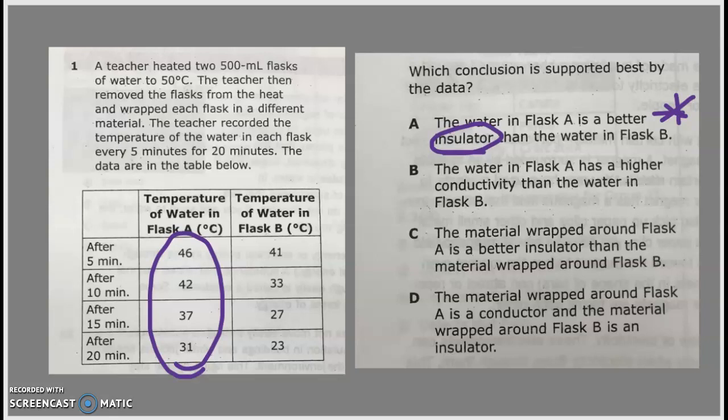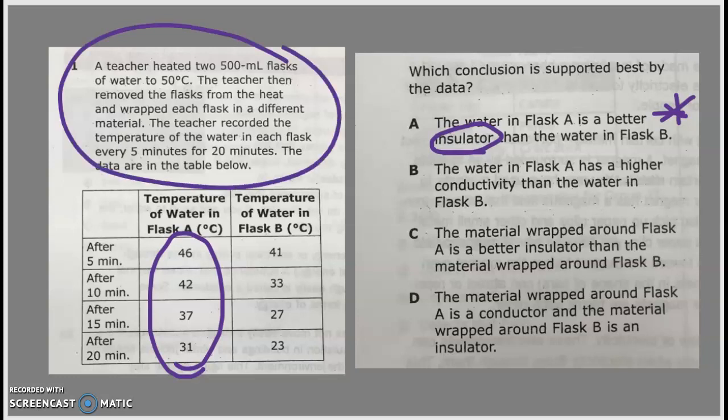B says the water in flask A has a higher conductivity than the water in flask B. We don't have enough data from our problem to be able to assess that, so I can't fully say that's true. C: the material wrapped around flask A is a better insulator than the material wrapped around flask B. Now, I do know that the material is brought up here.